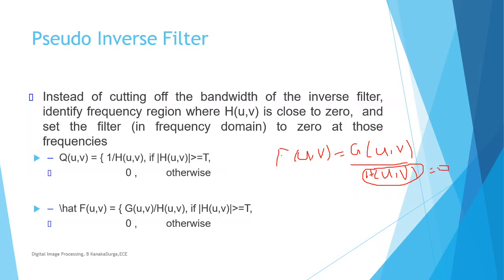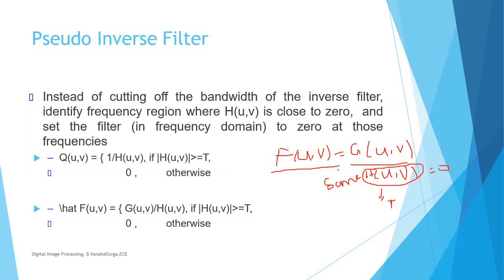We have to nullify this problem. For the pseudo inverse filtering, we do this by considering a certain threshold value. It should not be a 0 value; it should be greater than the certain threshold value. If it has some value, the function F of u comma v exists and the noise cannot be amplified in this session.